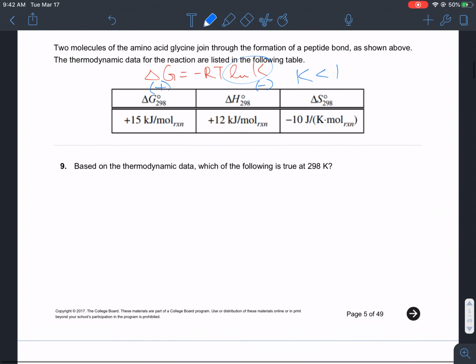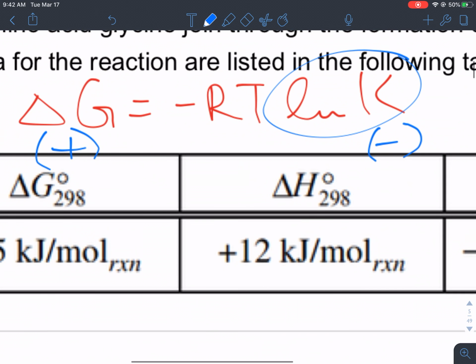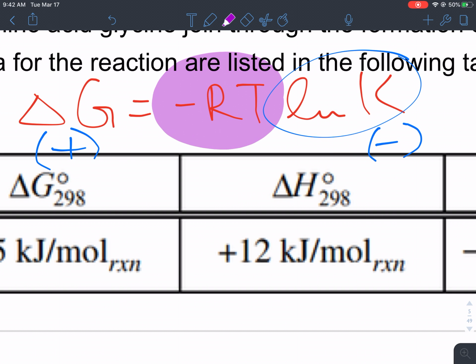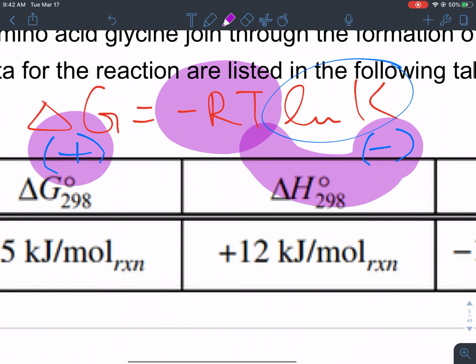Remember, your negative RT is always going to be negative. But this negative times this negative makes it positive, meaning it is not spontaneous. That is just a fact. So if your K is less than 1, not less than 0, not a negative number, less than 1, you are going to be a non-spontaneous reaction.